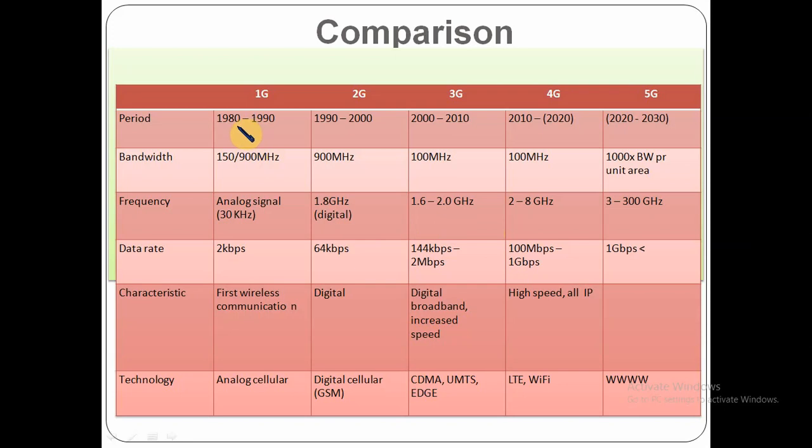The 1G period is 1980 and the 5G period is from 2020 up to 2030. In between are 2G, 3G and 4G, the developed technologies.